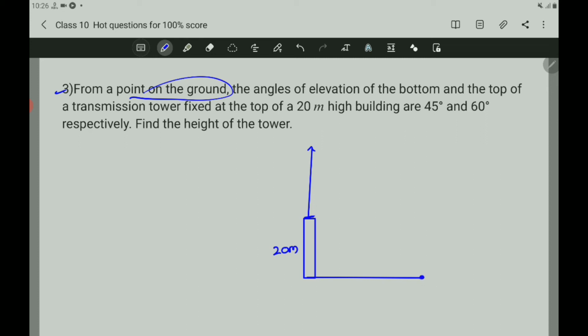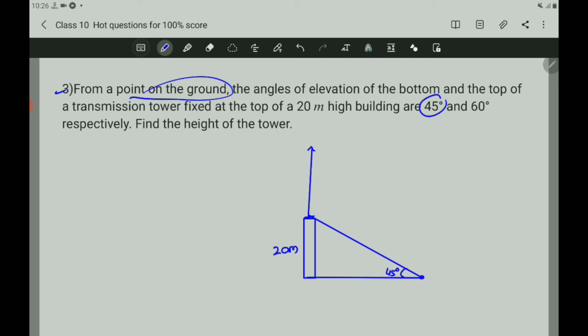From this point, the bottom and top of the tower are viewed. So consider this is the view of the bottom. What is the angle of elevation here? Angle of elevation of the bottom is how much? 45 degree. So it is 45 degree.